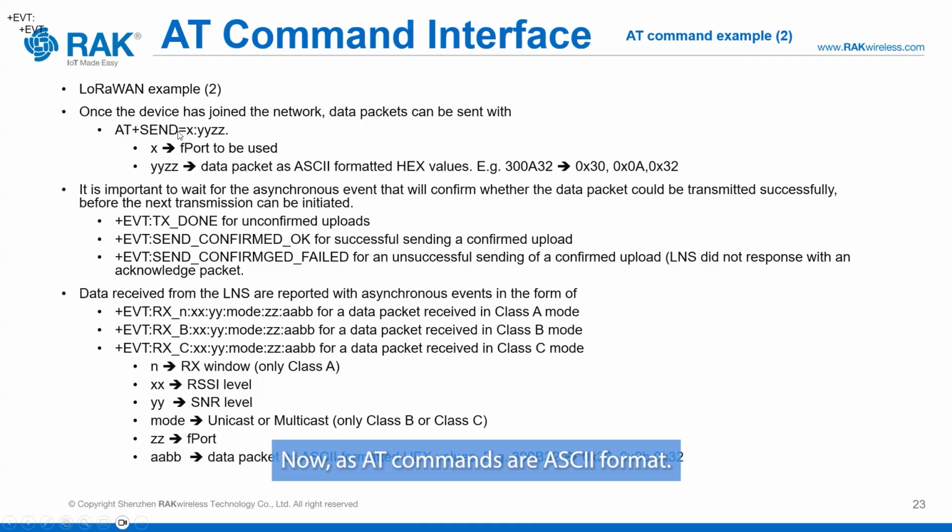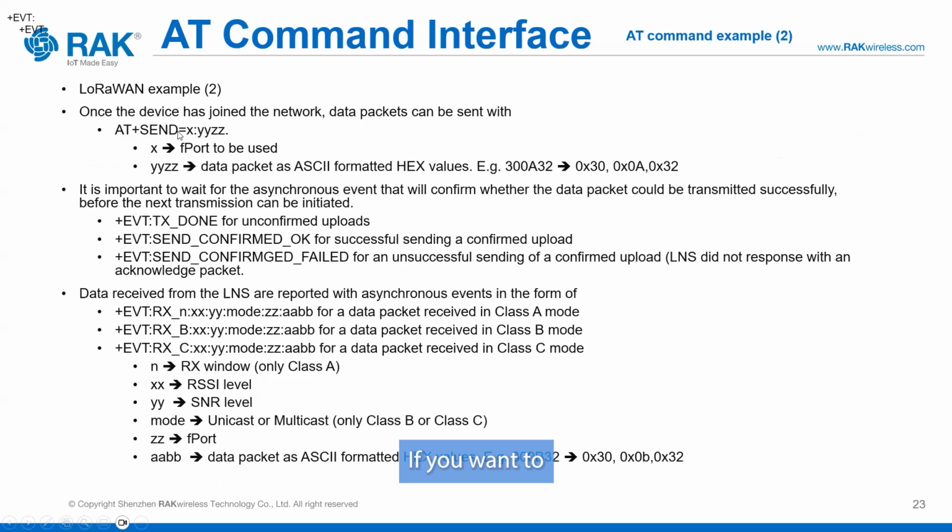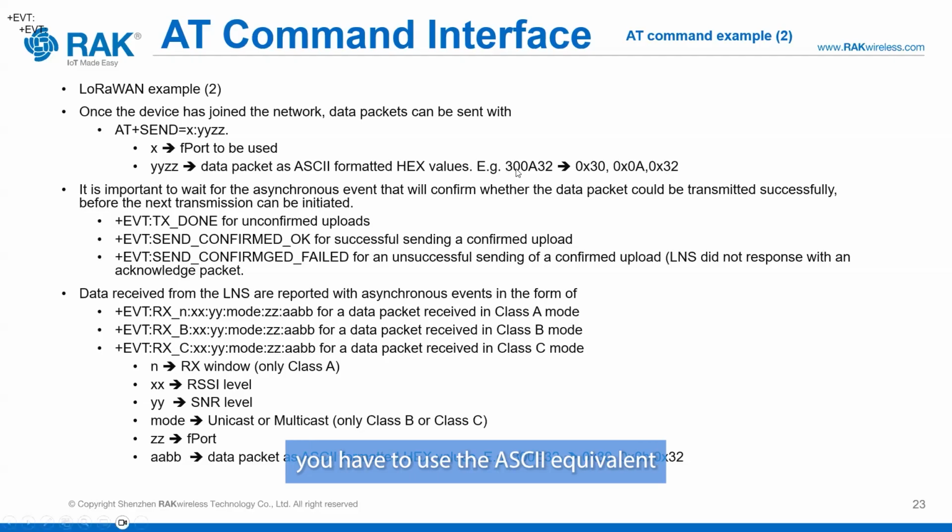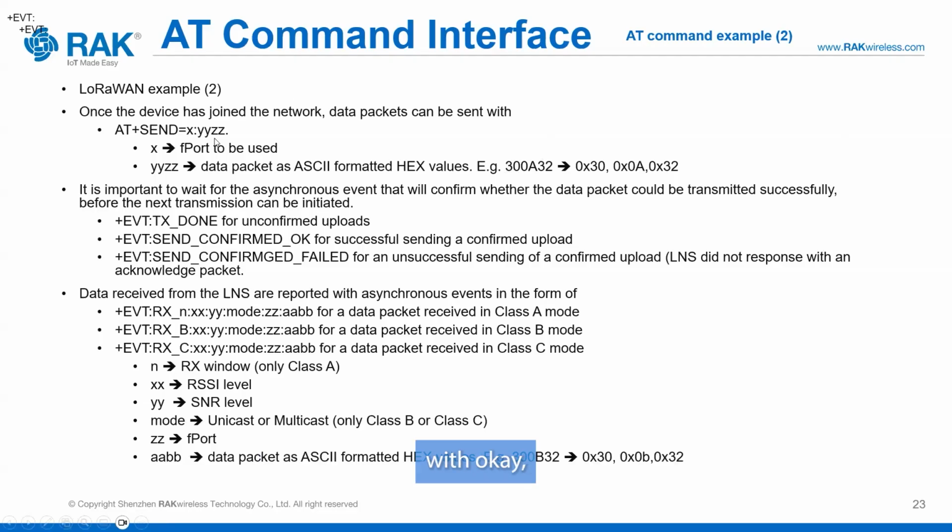Now, as AT commands are ASCII format, if you want to send the hex values 30 0A 32 as your packet content, you have to use the ASCII equivalent of these bytes in hex format. So you would send AT+SEND=2: and then 300A32 as ASCII. Again, here AT+SEND will respond immediately with OK, which doesn't mean the packet was sent.